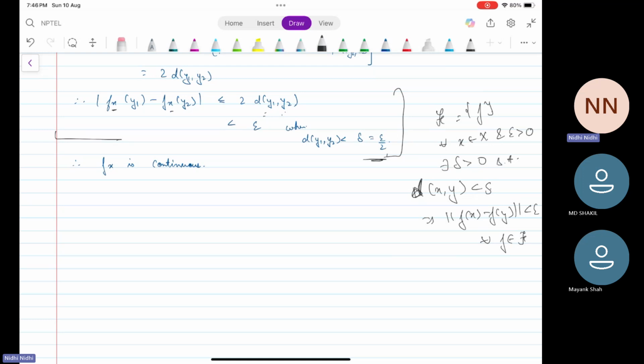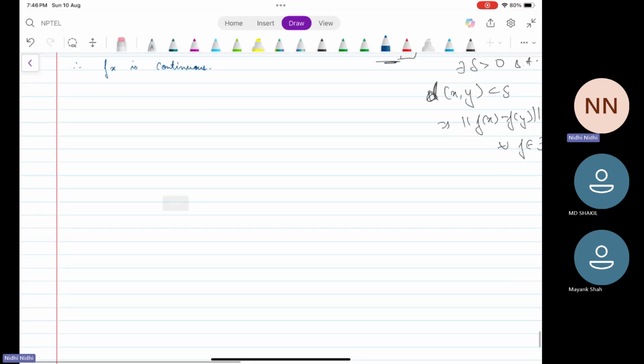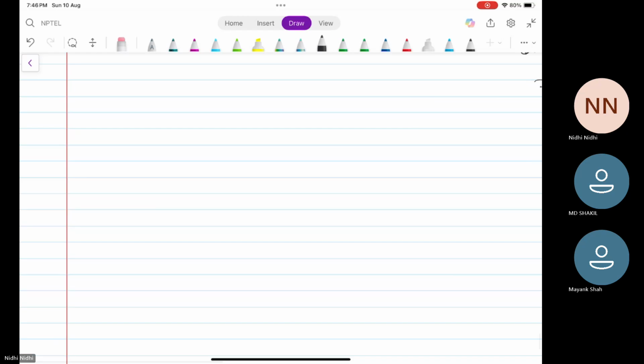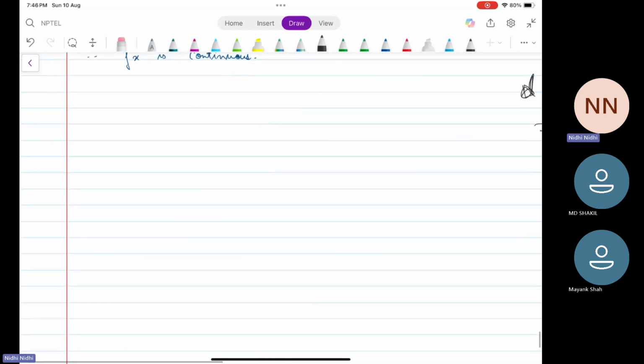Next, we need to show isometry. So what do we mean by isometry? Can you tell me what is isometry? Isometry is a function from one metric space X to another metric space Y which preserves the distance.